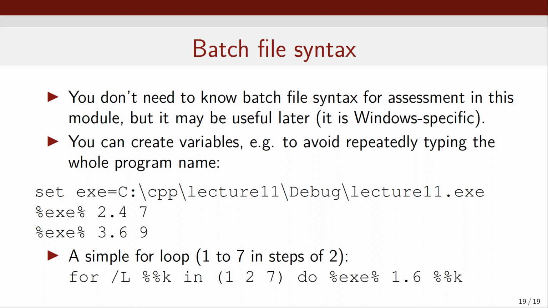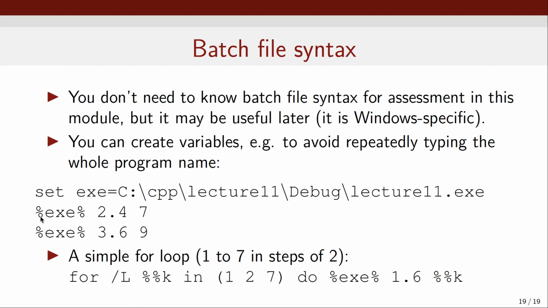And finally, I will close with a couple of tips. You can create variables to avoid repeating typing the whole program name. For example, you can use set exe equals this. So you have this whole path where the executable is located, and set that equal to something. Let's name that exe.